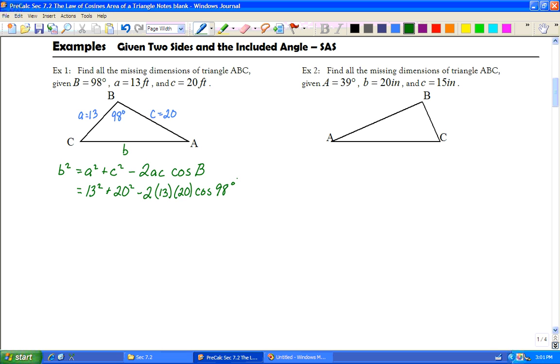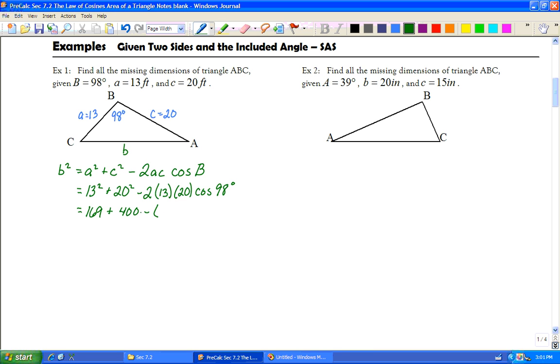Make sure your calculator is in degree mode when you type this in. I'm going to show you the in-between steps, but you should be able to type this straight into your calculator and get the answer. The 13 squared is 169 plus 400 minus 2 times 13 times 20 times the cosine of 98 degrees. Since that's an obtuse angle, we're going to get a negative answer there.